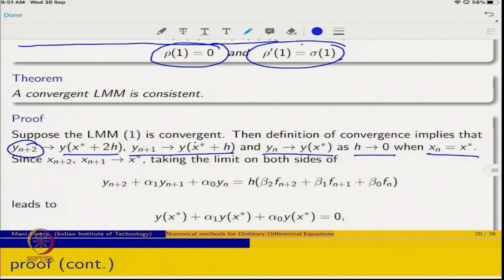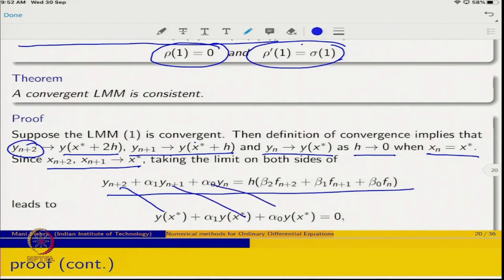This is the definition of convergence we have seen earlier also. Since these points will also converge to x(n) as s tends to 0, we take the limit on both sides. So, once we put the limit s tends to 0, the right hand side will be 0. We will end up with this, this and this.